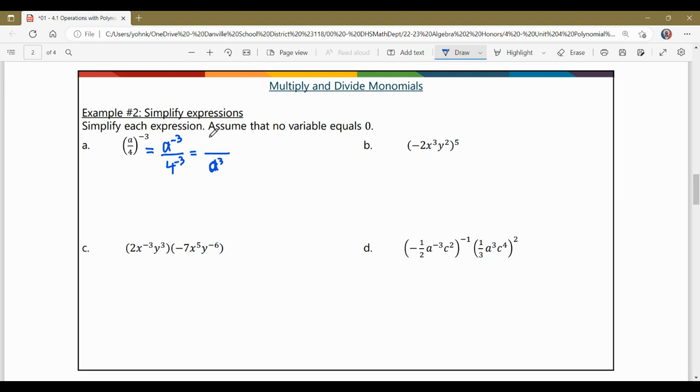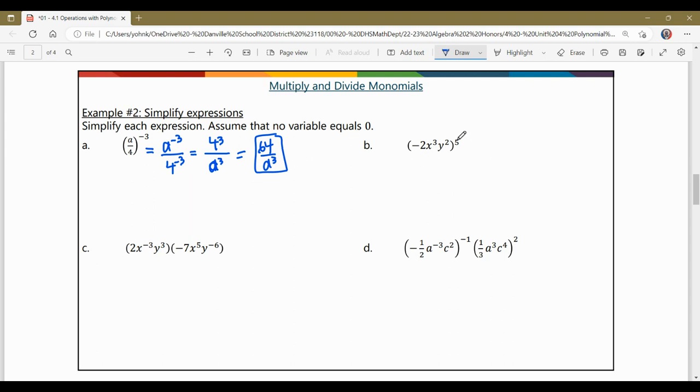And I'm going to move 4 to the 3rd to the numerator and make it positive. And now 4 cubed is 64 over a cubed. The fraction is simplified, no power of powers, no negative exponents, and each letter appears only once. Those are your 4 checks.